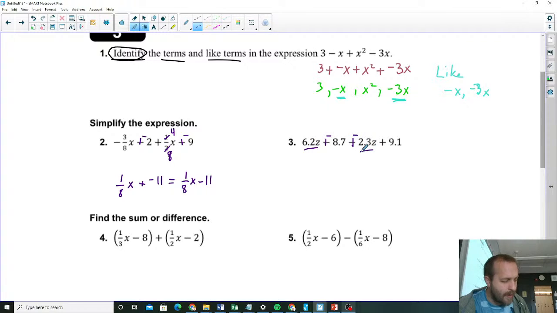I'm going to grab a calculator here: 6.2 plus negative 2.3. That gives me 3.9, and that's with a z behind it. Then the next part is negative 8.7 plus 9.1, and again I grab a calculator to do that. And that's plus 0.4.